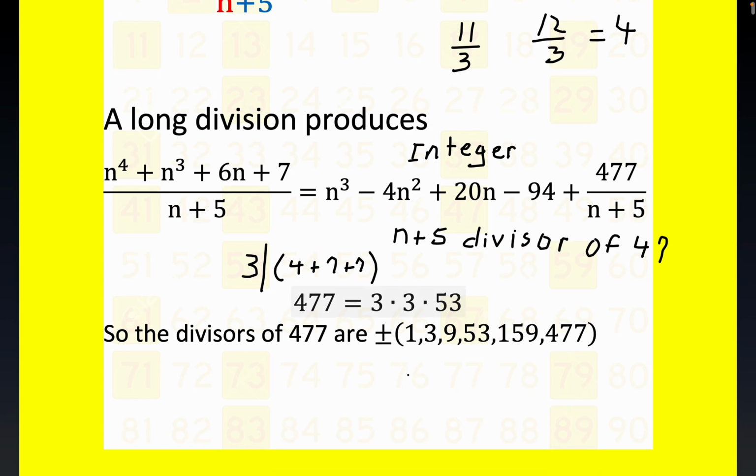Now, another way to write this gives you kind of a heads up on how many divisors you're going to have. You can write this as 3 squared times 53 to the first power. All right, now you may think that exponent of 1 is superfluous, but there's a known combinatorics result that says the number of divisors would be 3 times 2 equals 6.